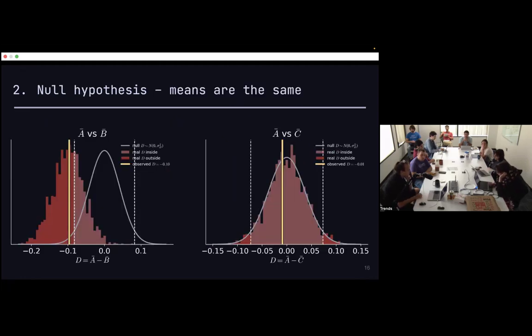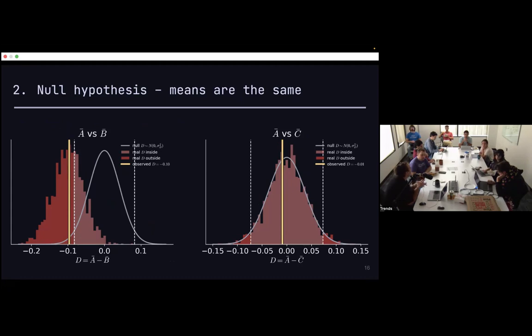Once we have this, we need to ask what we want to test. This question means that you need to define your null hypothesis.